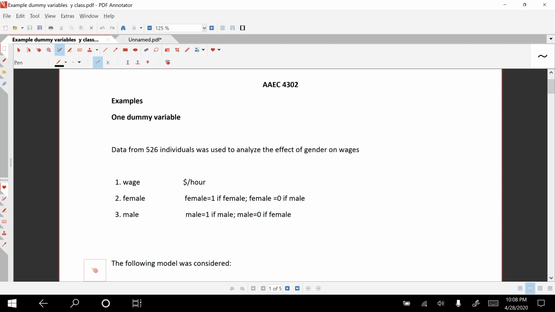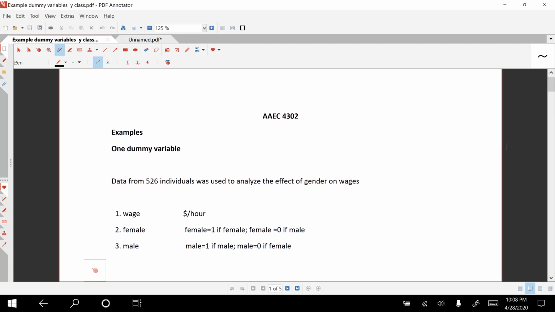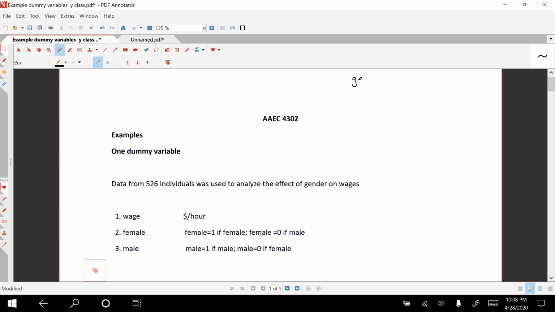So, the way to think about this problem is as follows. If we think in terms of Excel, we have gender, and here we have information about that individual, let's say individual i. So it's the first individual, the second individual, third individual.